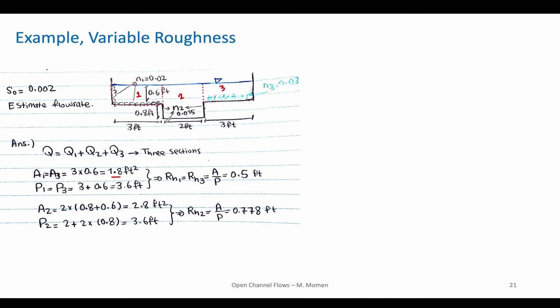So only this part is going to be the wetted perimeter, not these. I don't consider those. And then the hydraulic radius of this section is A over P, which is 2.8 over 3.6, which is going to be 0.78 foot.